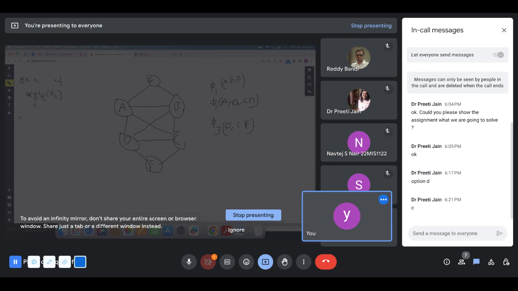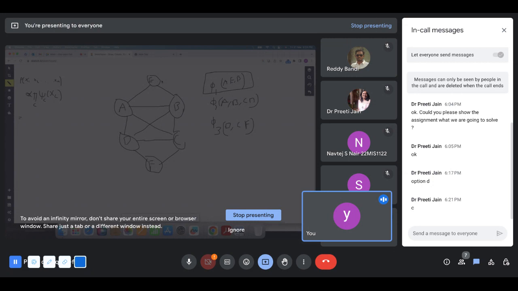Now my question is, you can also factorize this as A times E and E times B, right? Why do we only consider phi 1 of A, E, B? Just to answer that question, we don't want to assume any more dependencies, any more assumptions on independence.